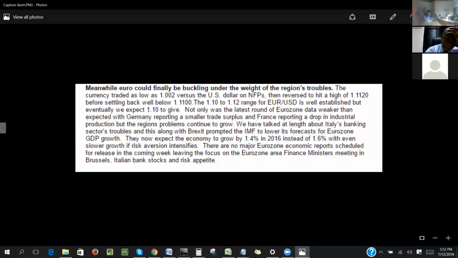There are no major Eurozone economic reports scheduled for release in the coming week, leaving the focus on the Eurozone area finance ministers meeting in Brussels, Italian bank stocks and appetites.